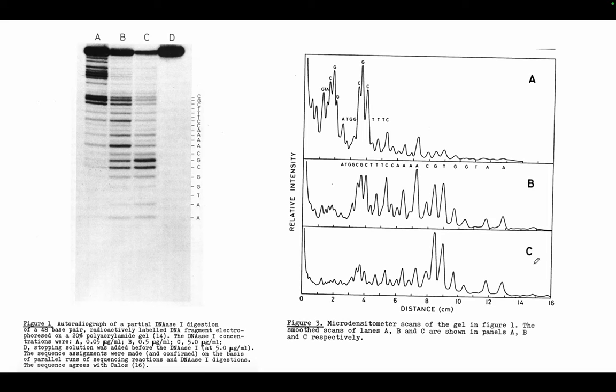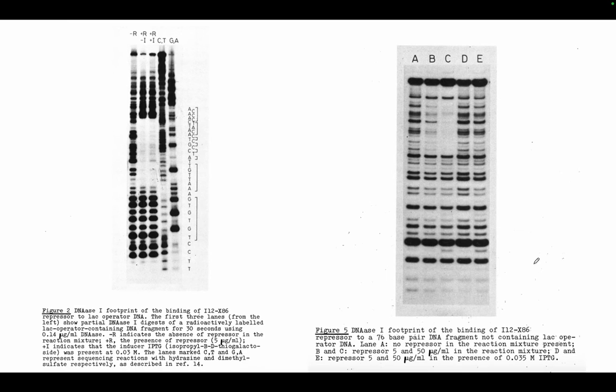Now let's look at what DNA footprinting looks like. Here it is showing the binding of a repressor to the lac operator. Very straightforward example. So this lane is the DNA which is digested without a repressor. So this is the kind of binding pattern we would expect if no repressor is added.